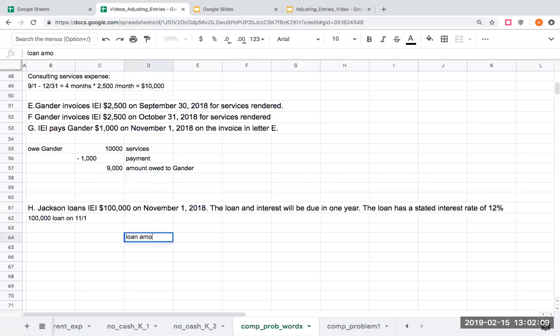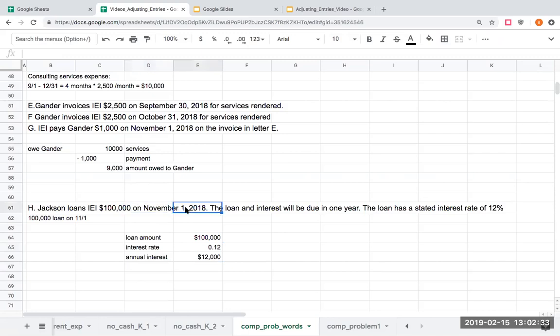So the loan amount is $100,000. The interest rate is 12%. So the annual interest is going to be $12,000. However, this is for a period of a year. How long did I borrow the money for?